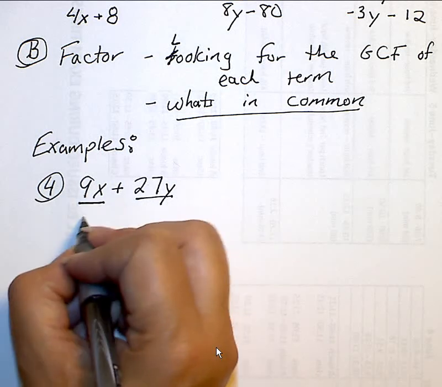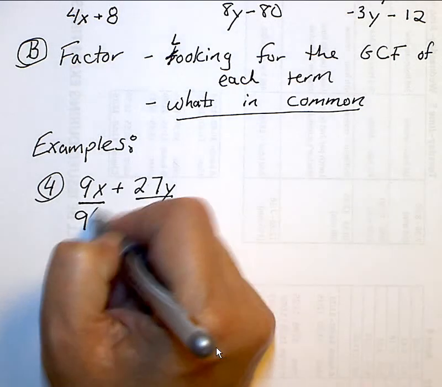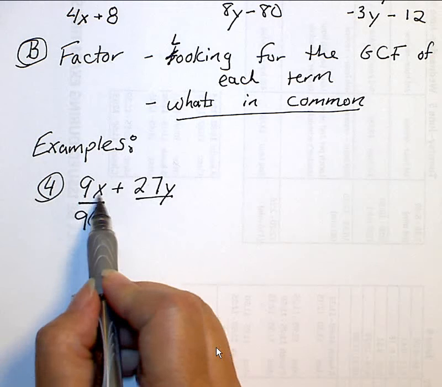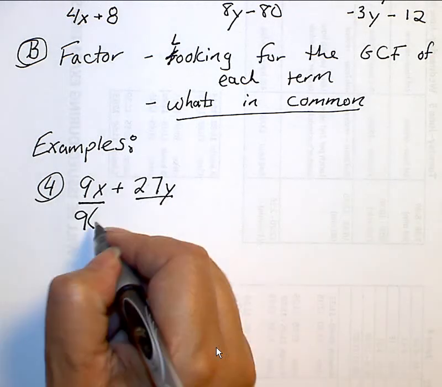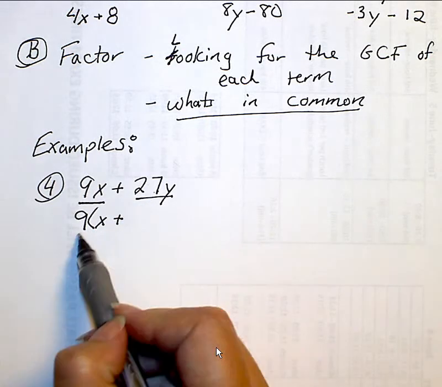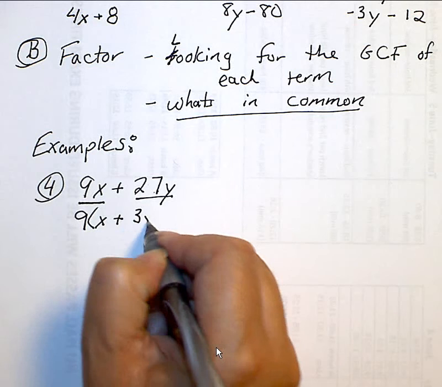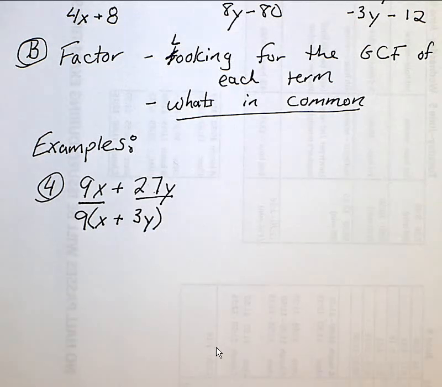So you put the 9 out front, and you ask yourself, what do I multiply by 9 to get this back? So what's left here is an x, plus 27 divided by 9 is 3. So we have 3y.